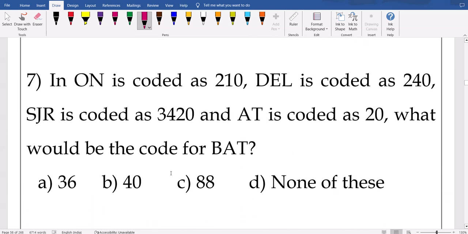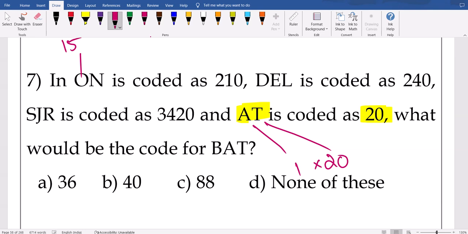Guys, focus. When is given as 210, a big number, right? But you have a very good clue: at is given as 20. What is the A value? The P value? It's a product of that. O value 15, N value 14, the product is 210 for your kind.